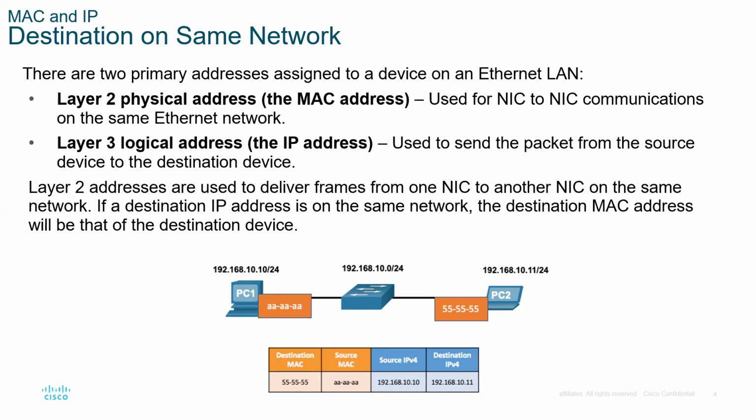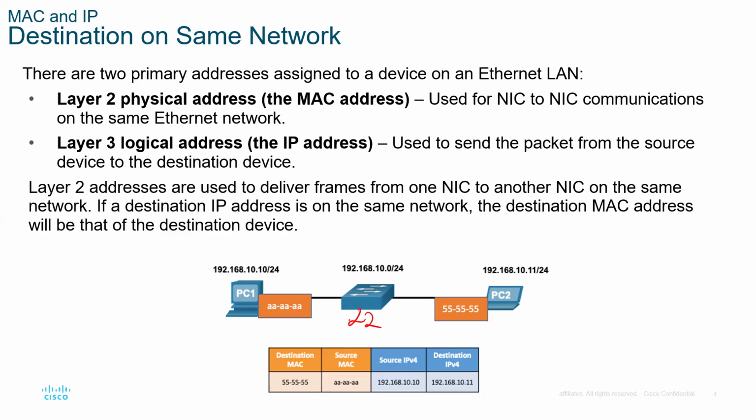Layer 2 addresses are used to deliver frames from one NIC to another NIC on the same network. If the destination IP is on the same network, the destination MAC will be that of the destination device. I think we touched on this a little bit. In this example, this is a local network. There is no router there, no layer 3 device. This is a layer 2 device.